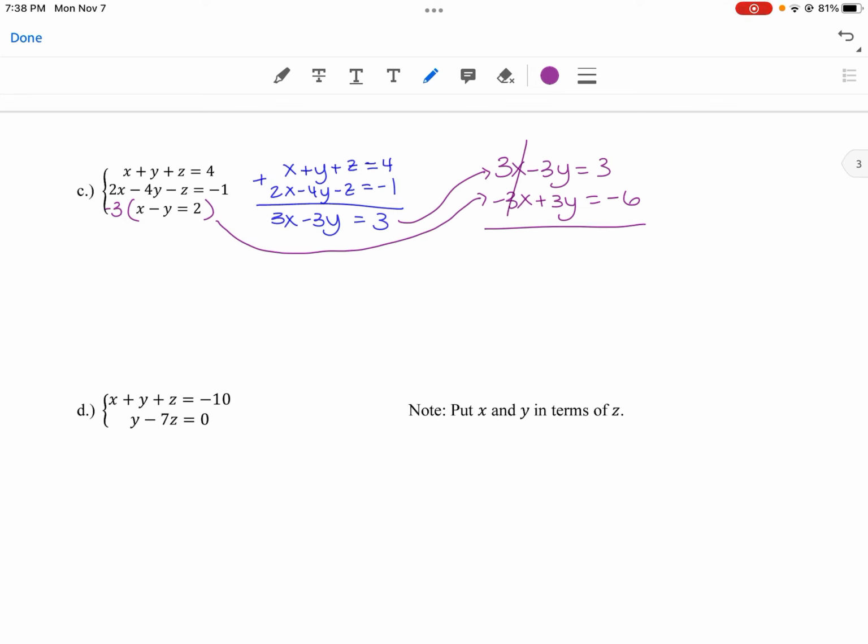As you add this, 3x minus 3x gives you 0. And you also have negative 3y plus 3y, that also gives you 0 equals negative 3. So you get 0 equals negative 3. That's not a true statement, so we get no solution, which means the system is inconsistent, meaning there's no answer.